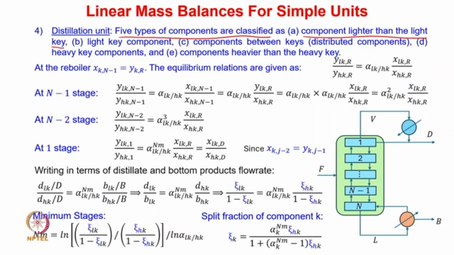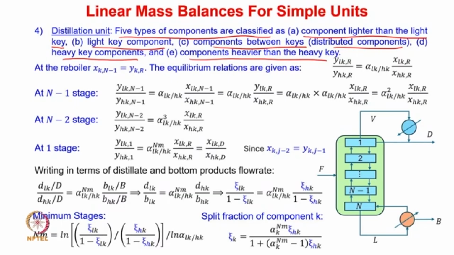Then the second component is the light key component. Then we have the components between the light key and the heavy key. So these are distributed components. Then the heavy key component, and the last one is components heavier than the heavy key.